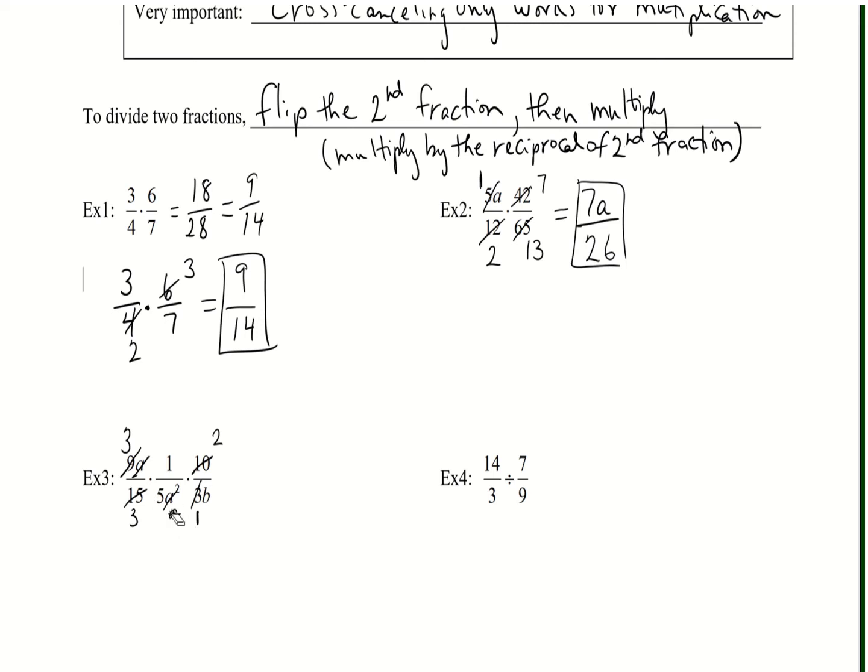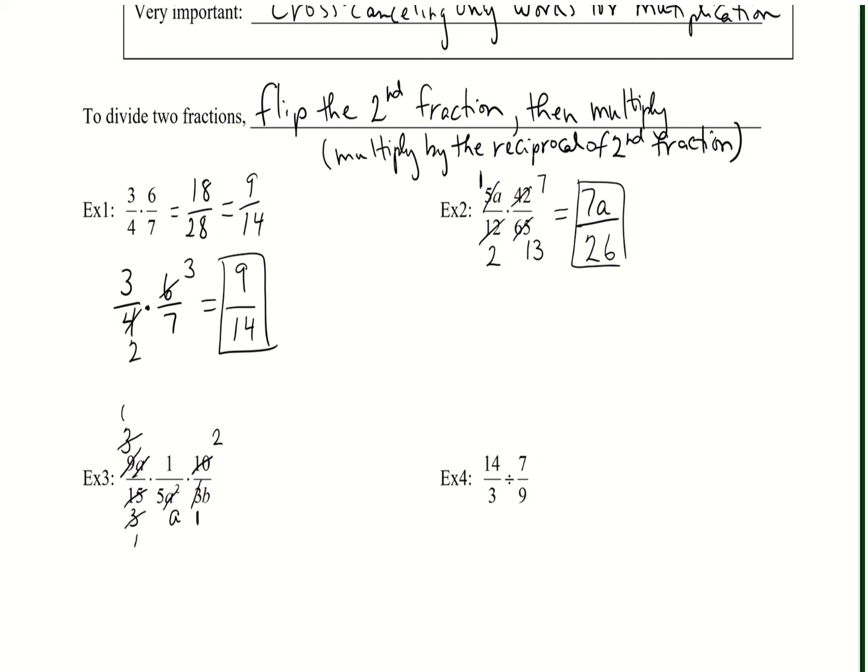But let's look at everything again and make sure we've canceled everything down as much as we possibly can. And no, we haven't, because in the first fraction we have a 3 in the numerator and a 3 in the denominator. So we can cancel this down to 1, both the numerator and denominator.